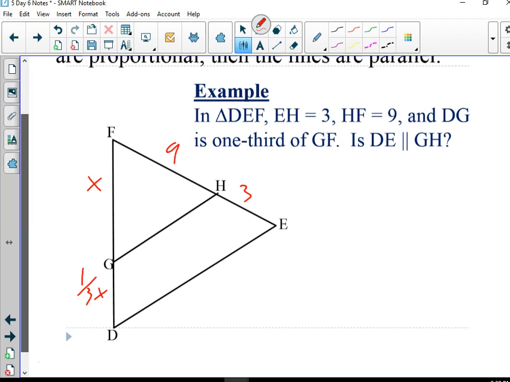Are DE and GH parallel? Yes, they are. Because what's 9 divided by 3? 3. What's 9 times 1/3? 3. So if this is 3 times this, and this is 3 times this, then we have parallel lines here.